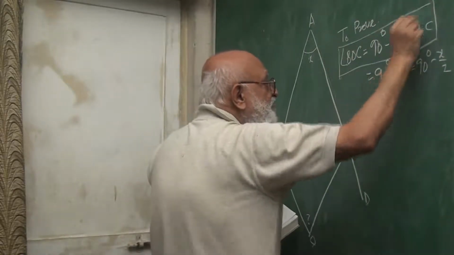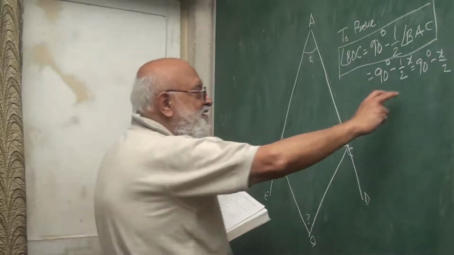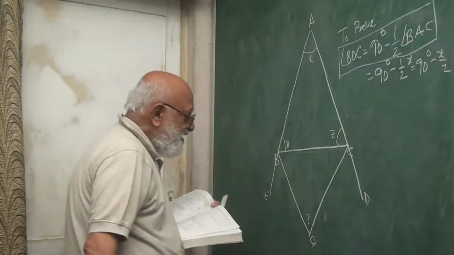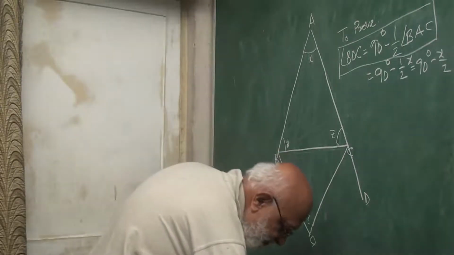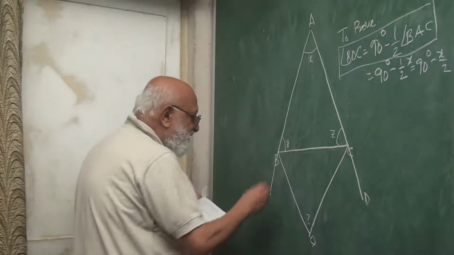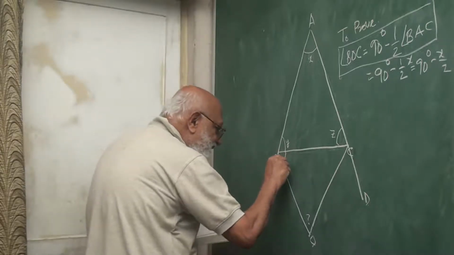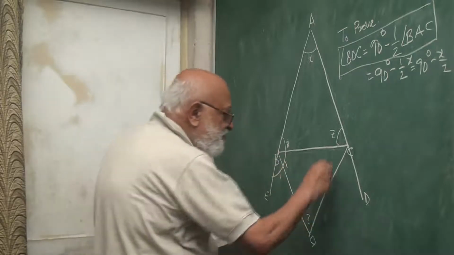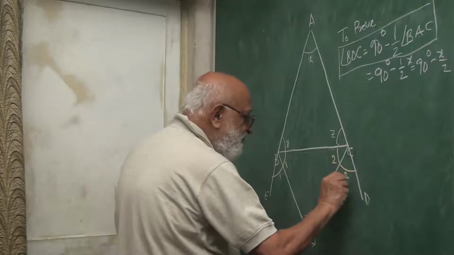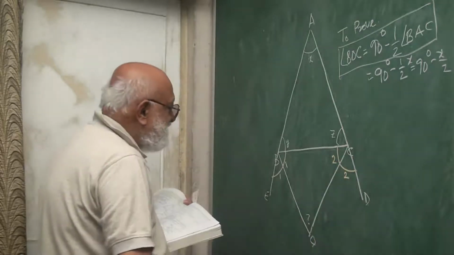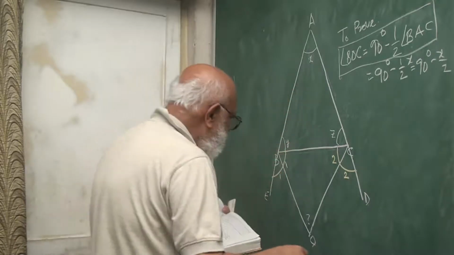This is what I have done, further operations to show that it ultimately comes out like this. Now, let us do it this way, which will be very convenient and easy. Since this is a bisector, I can call this angle 1 and 1. This is also a bisector, so I can call this angle 2 and 2. Let us say this is an exterior angle to the triangle.